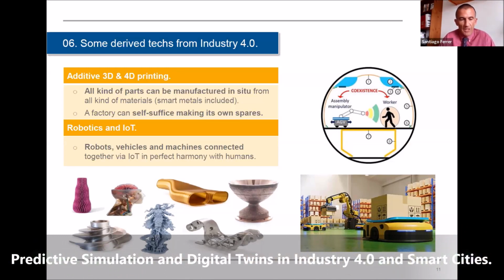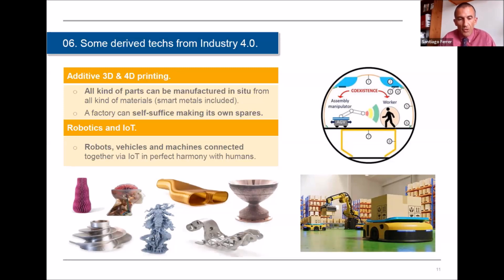Imagine application, for example, in the health area, making prostheses perfectly adapt to the patients and their bodies and with no trace of rejection. So even a factory can self-suffice, making its own spare parts, and no need to wait till any specific components. We can make it by ourselves, and that's important, with improved performance.